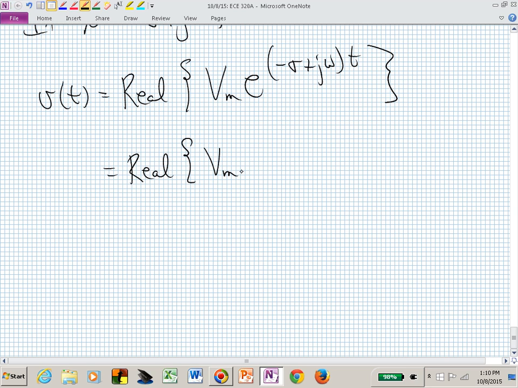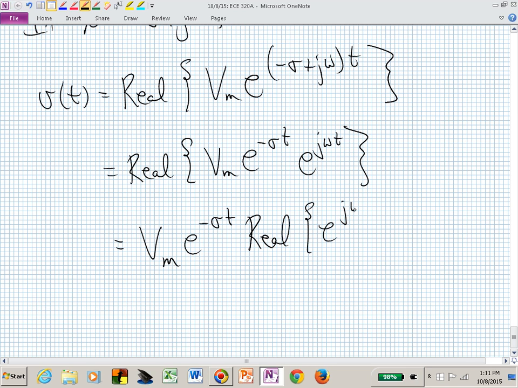Knowing what we know about exponents, we can separate that into two pieces that are multiplying each other. The V sub m e to the minus sigma t, that's already real. Let's go ahead and just pull that out front. And then we have the real piece of e to the j omega t.